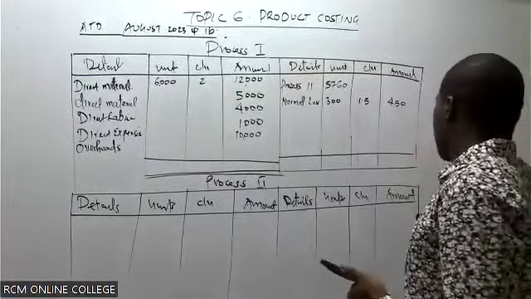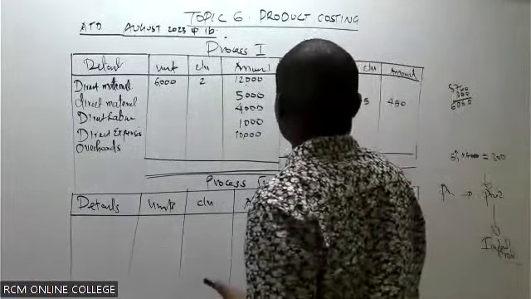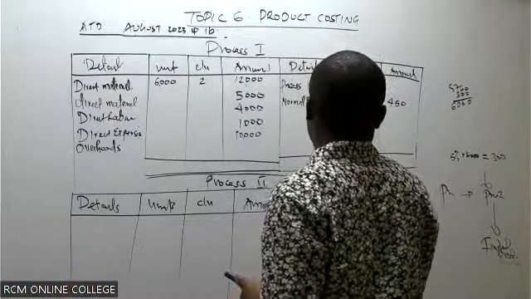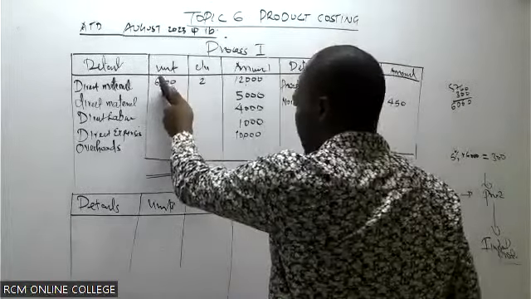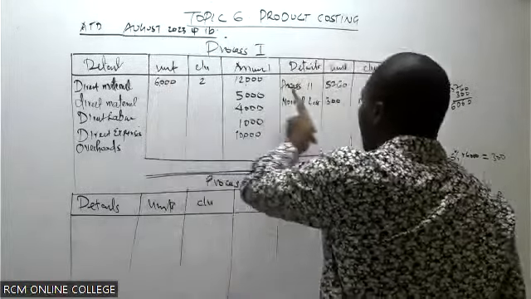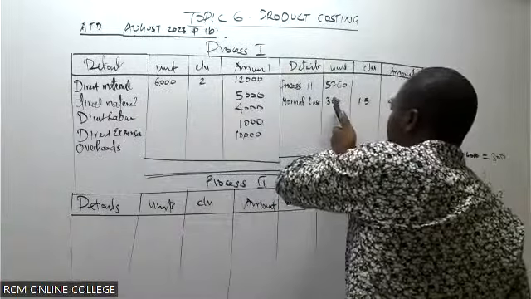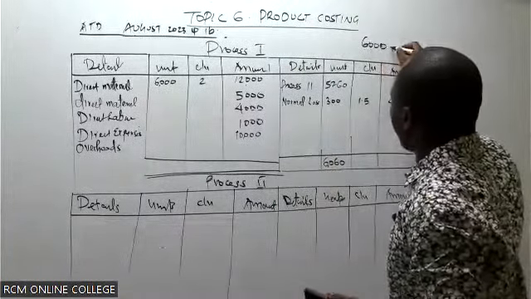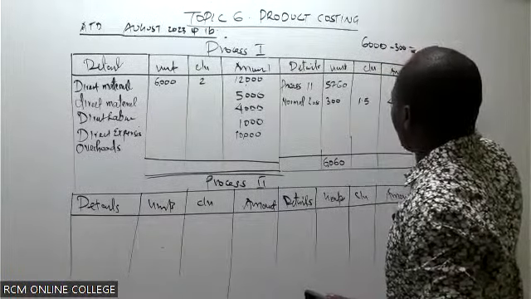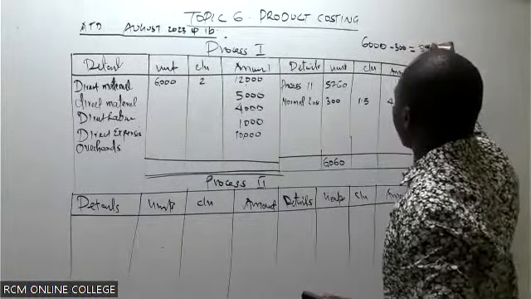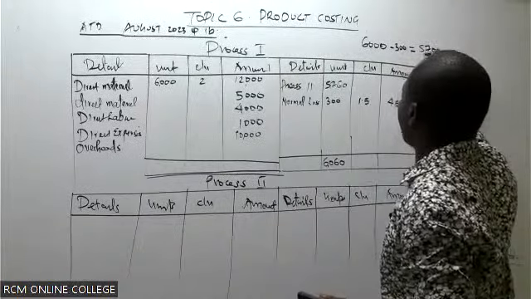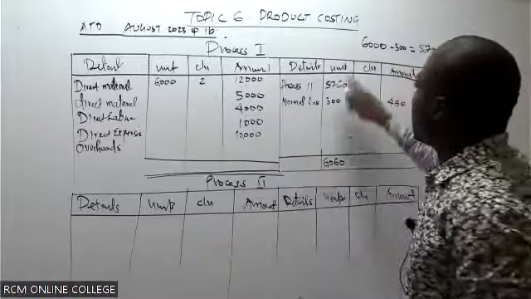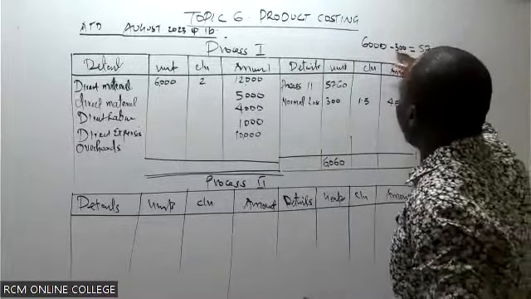So if you add this, you are getting 60. You brought in 6,000. The normal loss we have been told here is 5%, which is 300. So if you brought in 6,000, normally you are expected to lose 300. So you are going to have 5,700 as what's supposed to be transferred to process 2 under normal circumstances. It happened that you did not lose the 300.